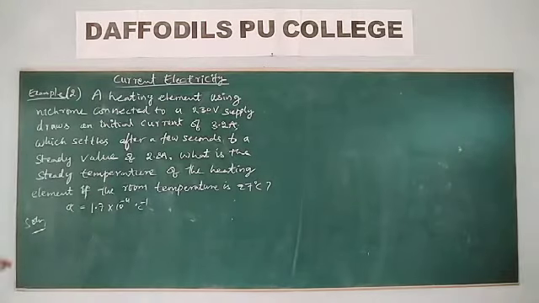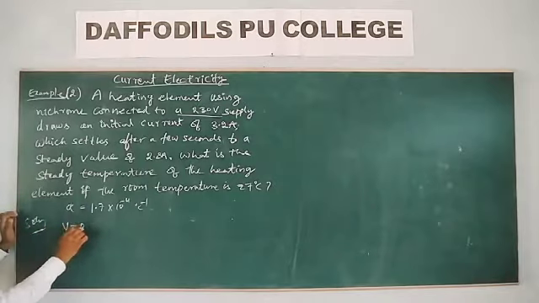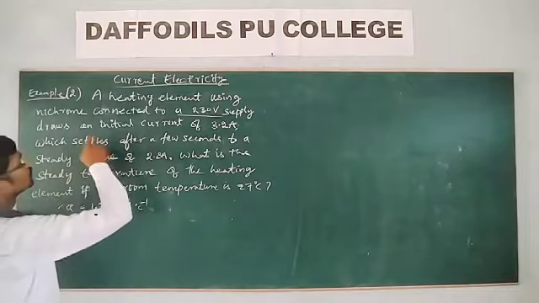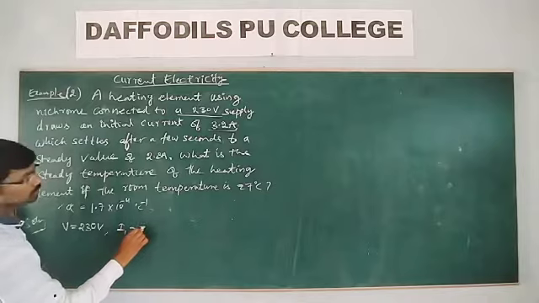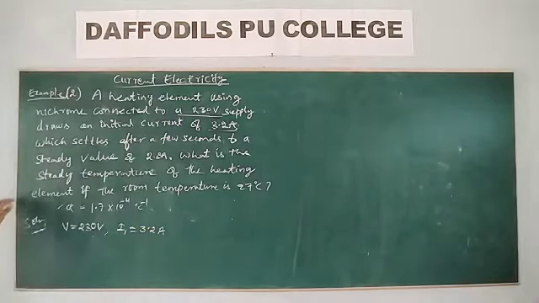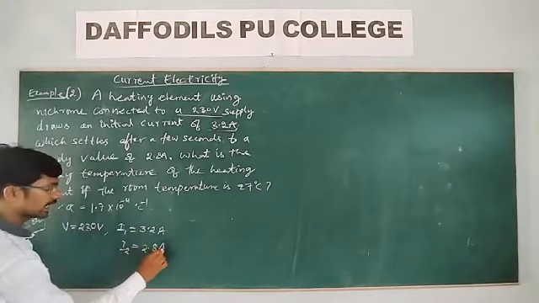A heating element made of nichrome is connected to a 230 volt supply. The voltage supply is V equal to 230 volt, and alpha is given. An initial current of I1 is equal to 3.2 ampere, which settles after a few seconds to a steady value of 2.8 ampere.